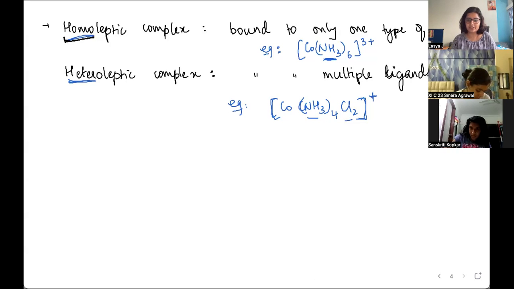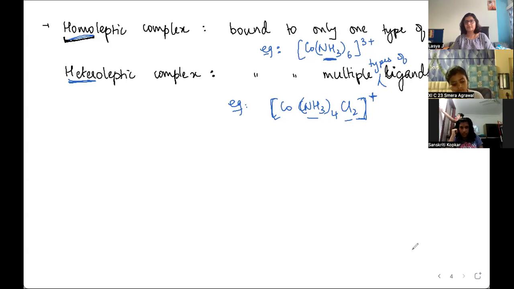So let's be more elaborate on this. Instead of saying multiple ligands, say multiple types of ligands. यहाँ पे 6 ligands, all of them happen to be the same one type of ligand is homo. If you have different atoms, molecules here, heteroleptic. Cool.